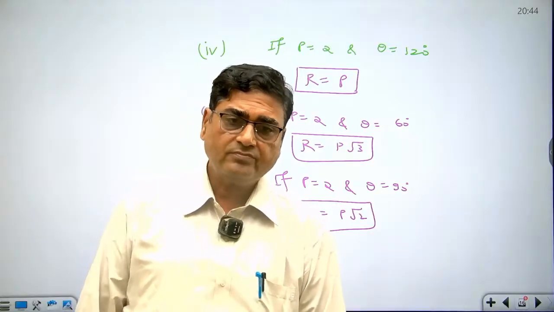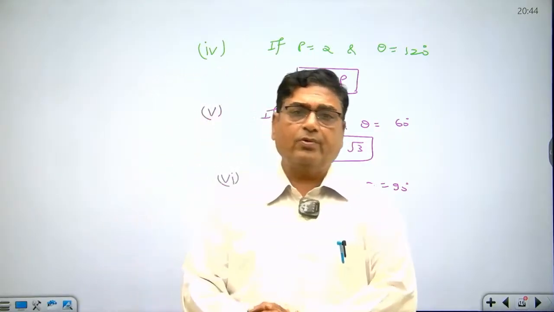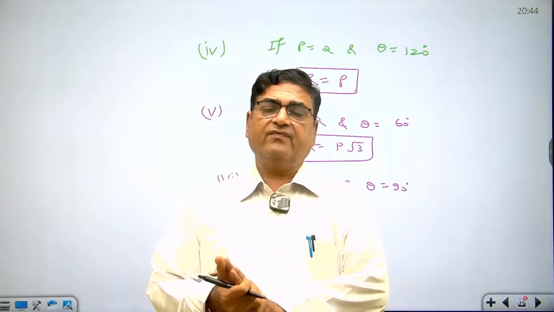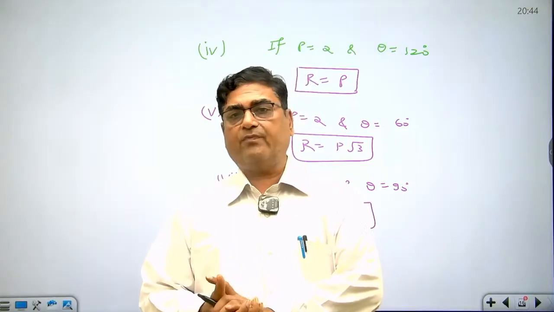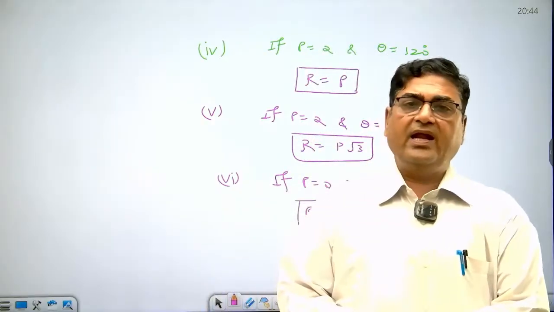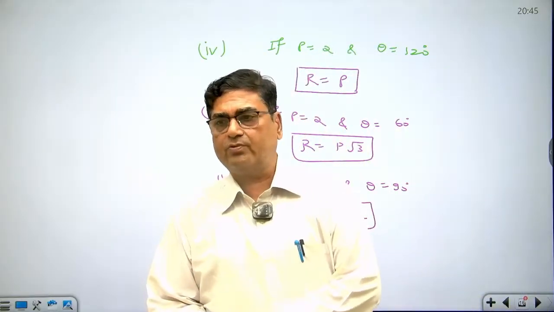Okay. Now, dear student, we will be looking at vector multiplication. In vector multiplication, we study two types of vector multiplication. First is scalar or dot product of two vectors, and second is vector or cross product of two vectors. Okay.